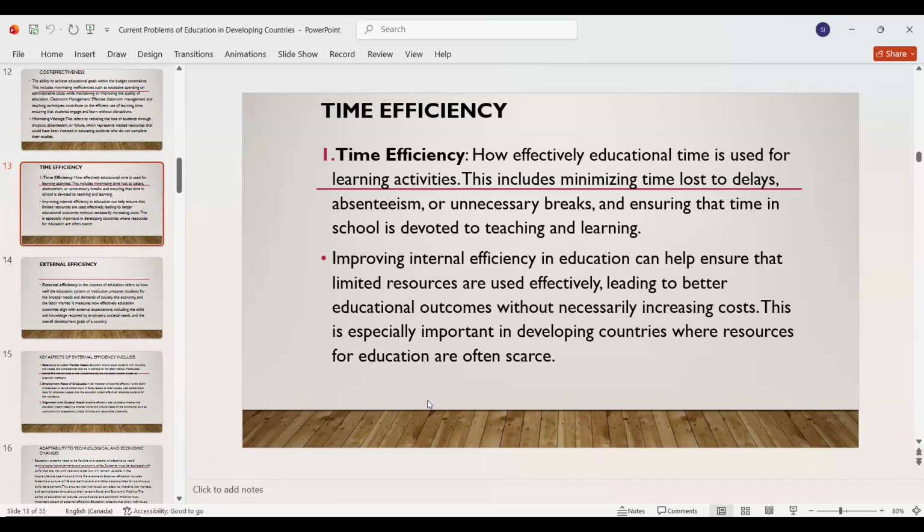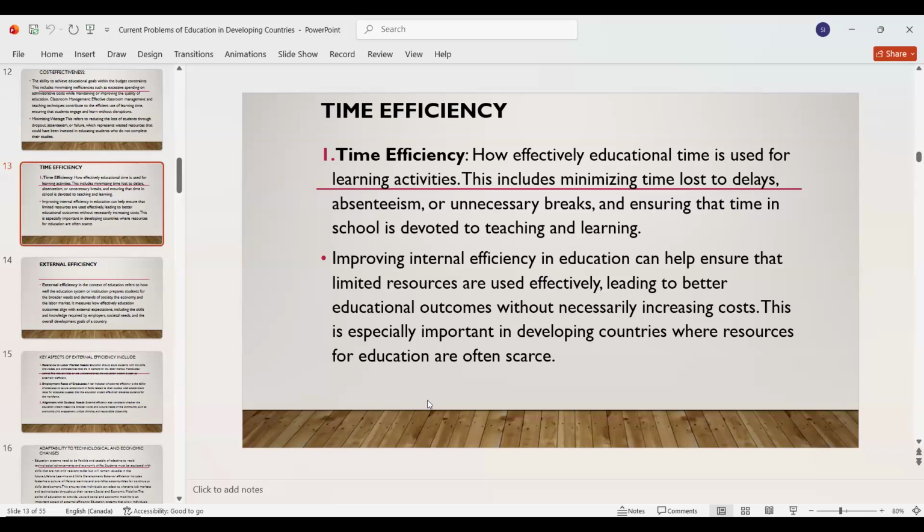But within 1 or 2 years, their interest will decrease because there's no appreciation, right? And there's no cooperative work, right? So after 10 years, they are becoming just teachers, right?